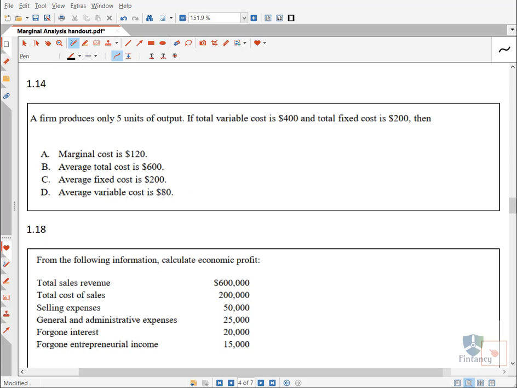Now see, my friends, they are telling you, you have to check one by one. In this type of question, you have to check one by one because the options are different. In one option they are saying marginal cost, in another total cost, average fixed cost, average variable cost.